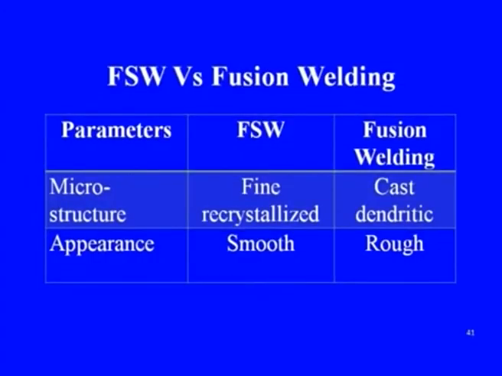If we try to compare FSW and fusion welding processes, then microstructure wise, the friction stir welding process produces a very fine recrystallized microstructure, whereas a fusion welding process usually gives a cast and dendritic structure.